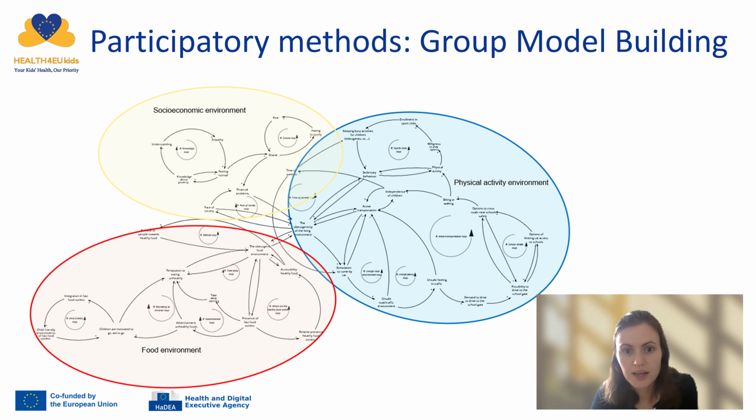We also discussed mental health and climate change during the sessions. But this was also outside of the scope of the project, so we focused mainly on these 3 environments. And as you can see, all of them are interlinked. So stakeholders understood that if they did something in the food environment, it also had an impact on the socioeconomic environment and vice versa.